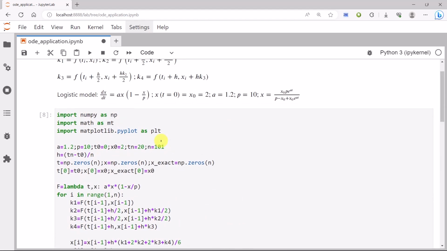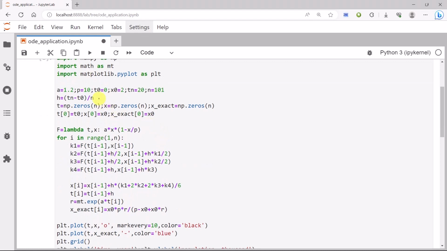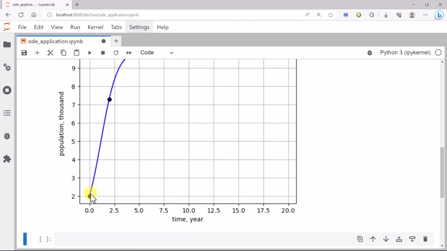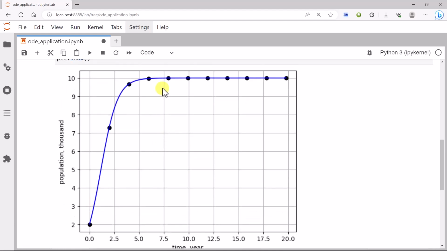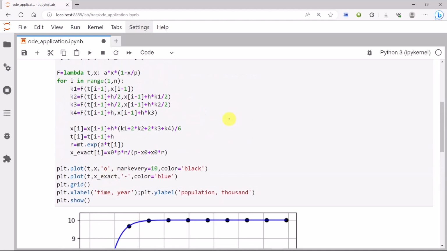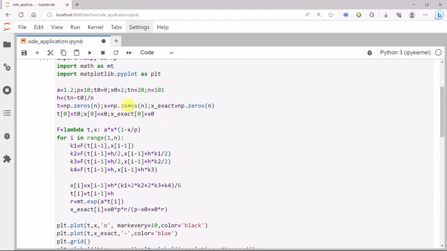That is what we were hoping for, because our P is equal to 10 and the maximum is 10,000. It is hitting 10,000 in like 7-8 years, about 10 years you can say, and after that it has plateaued. Very quickly it has grown. We actually need more points here, it looks like, but anyway this is only for our learning.